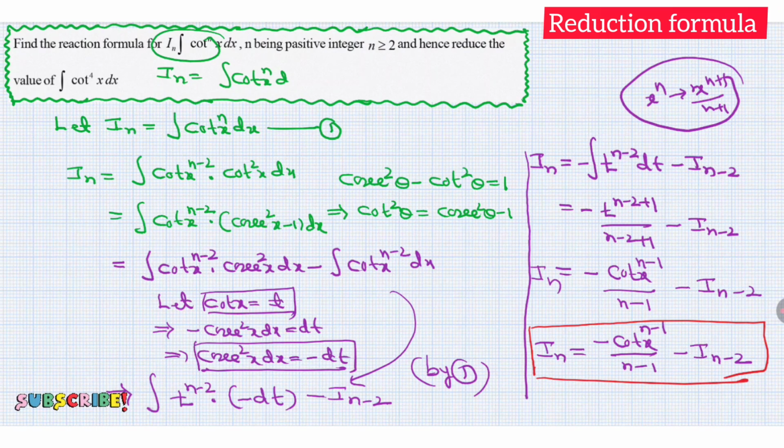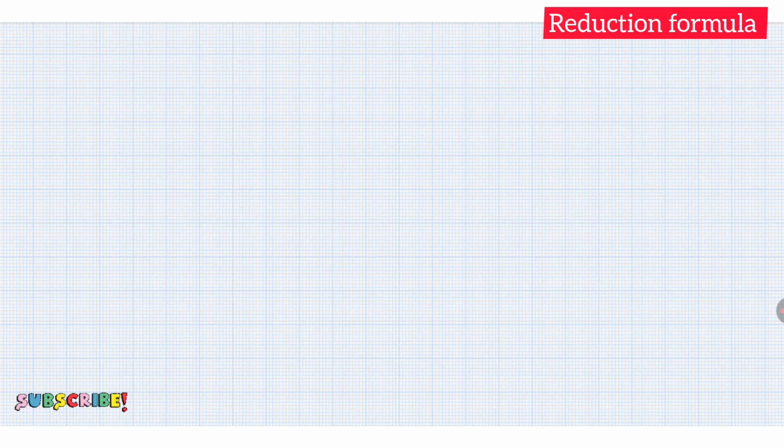Now given the question, reduce the value of integration cot x power 4 dx. Now start the solution. Here integration cot x power 4 dx, here n equal to 4.